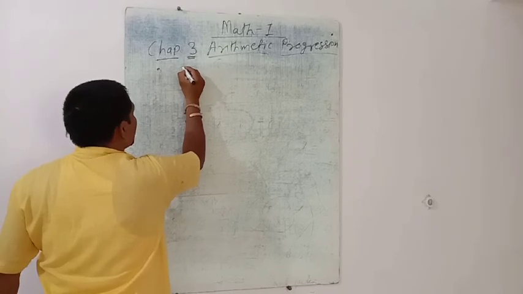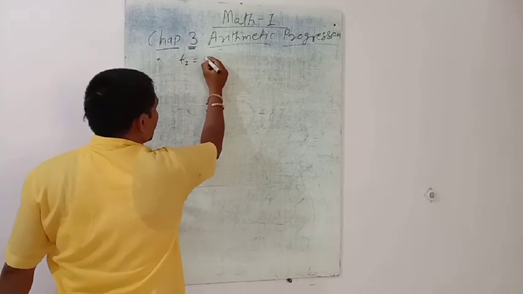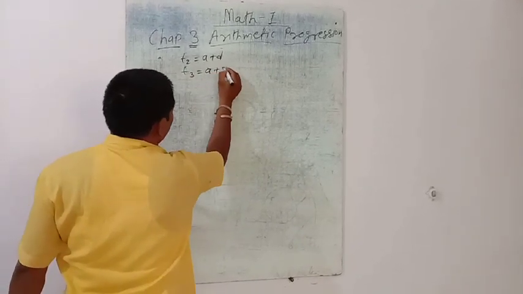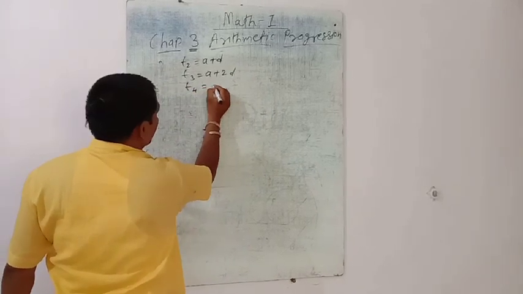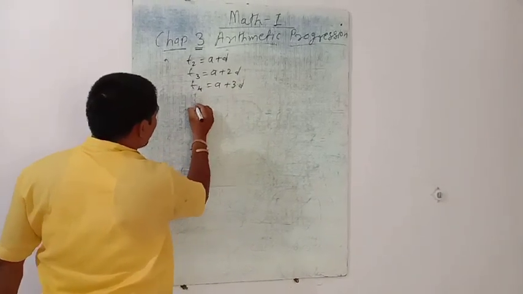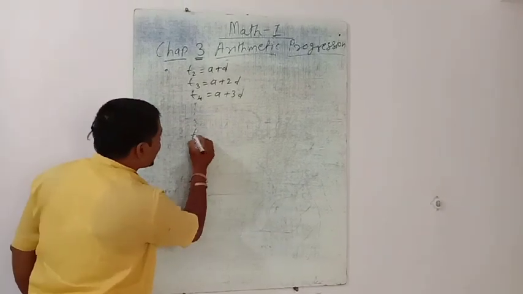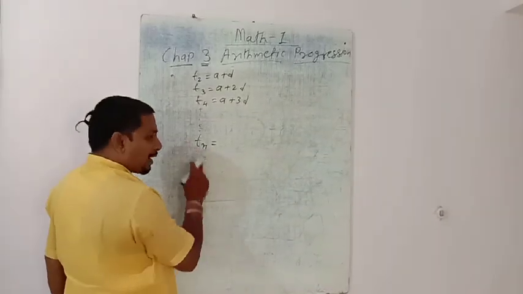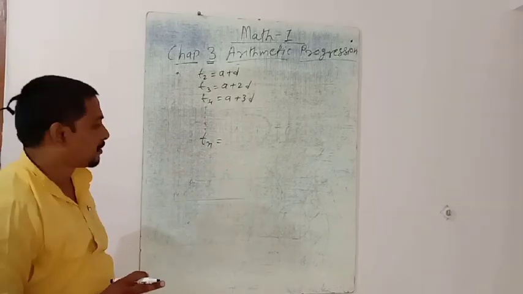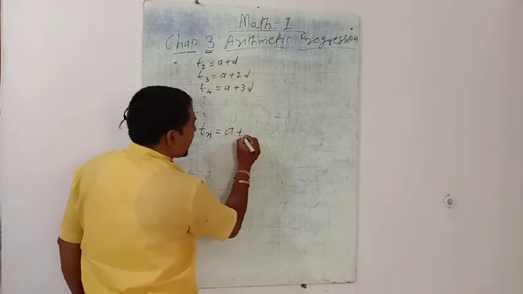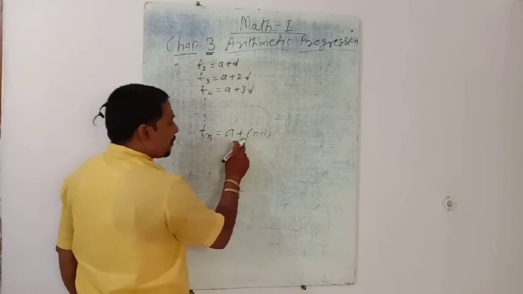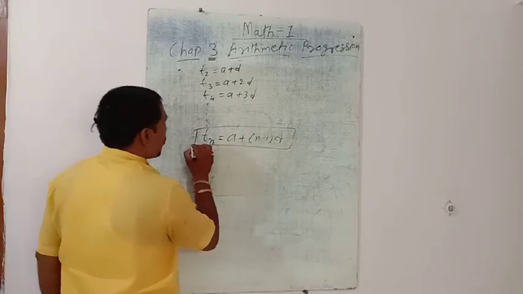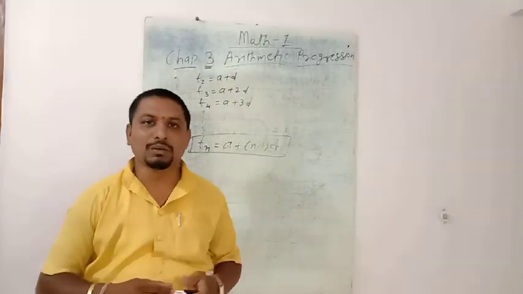First we find T2 using A plus D, T3 as A plus 2D, T4 as A plus 3D. We go in this way. Finally, to find Tn, the value of the nth term, the formula is A plus (n minus 1) D.